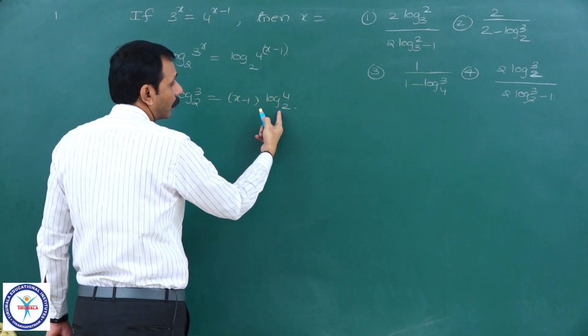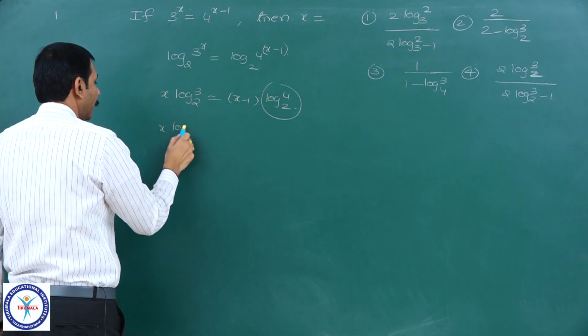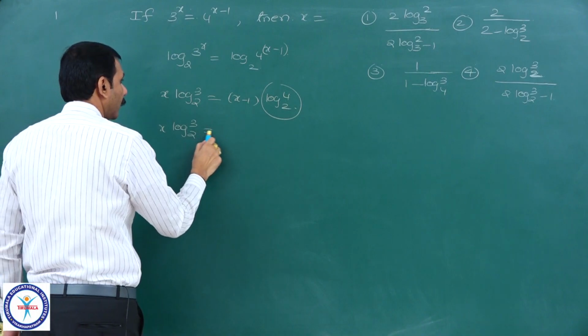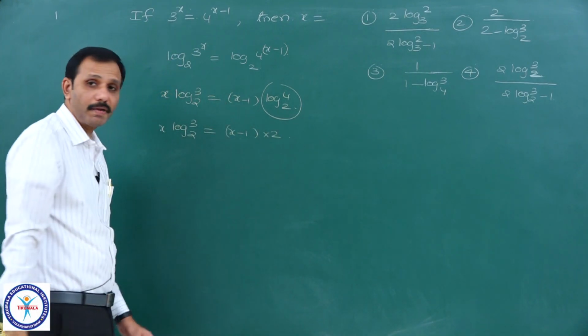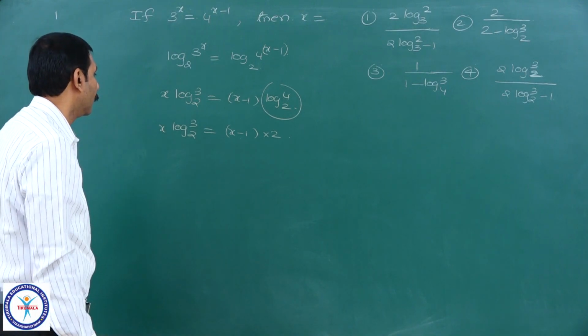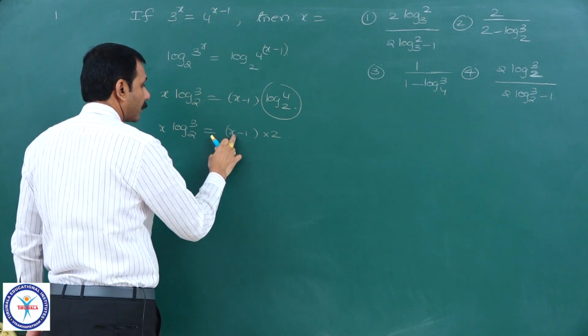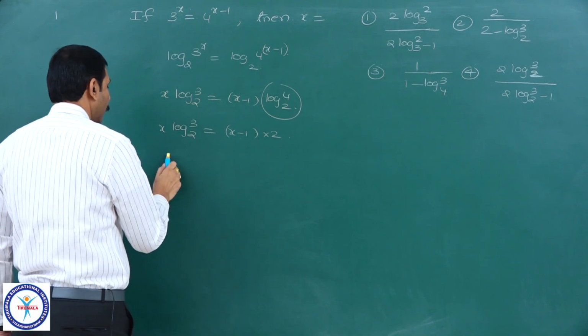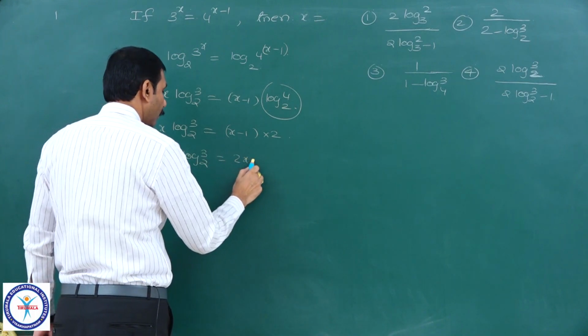What is log 4 to the base 2? This value is 2 only. Therefore, x into log 3 to the base 2 equals x minus 1 into 2. I want the x value. Therefore, here it is 2x minus 2, so x log 3 to the base 2 is equal to 2x minus 2.